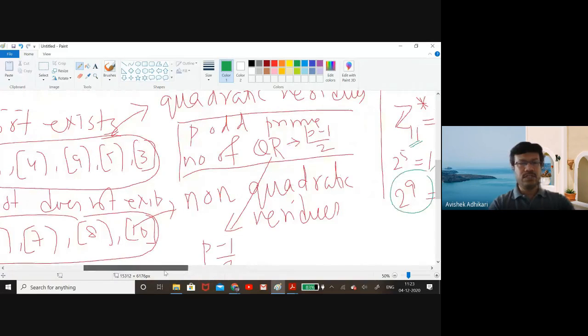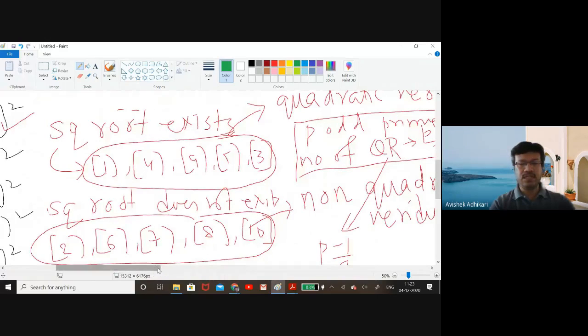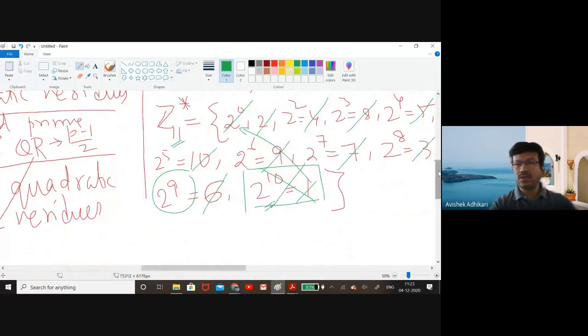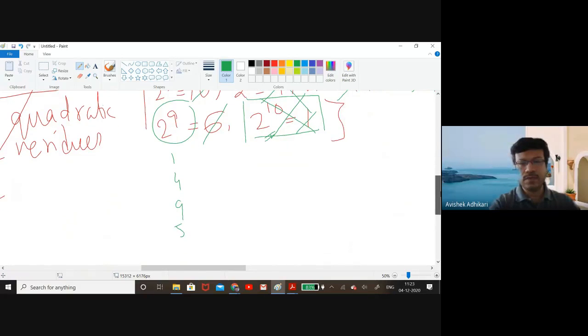Here you see that the quadratic residues are 1, 4, 9, 5, 3. So just have a look at what the elements are: 1, 4, 9, 5, and 3. 1, I can write in terms of 2 to the power 0. 4 is 2 square.